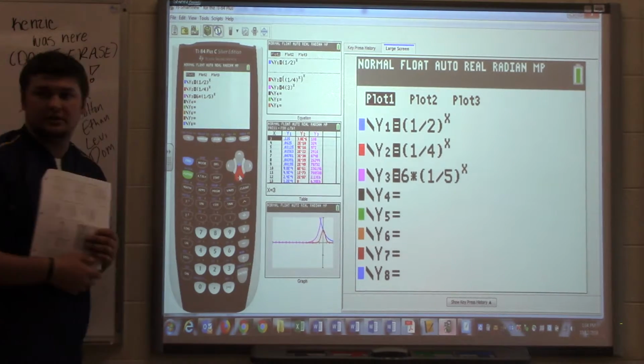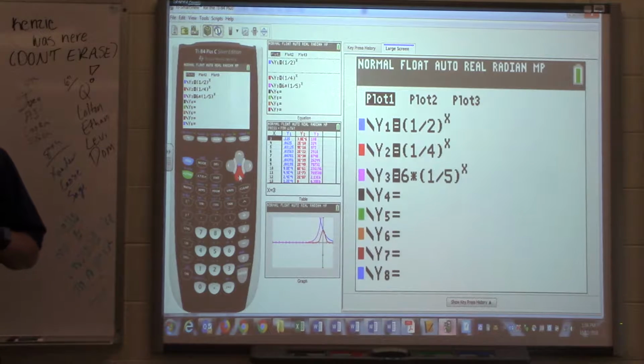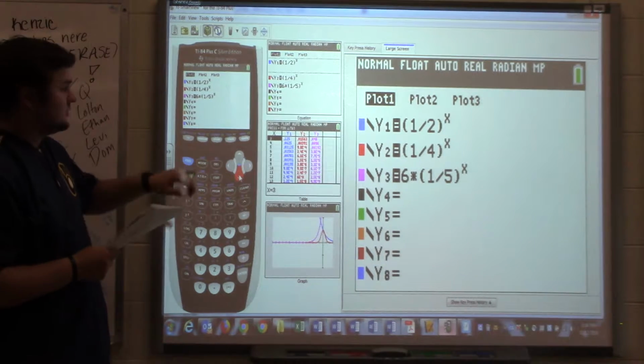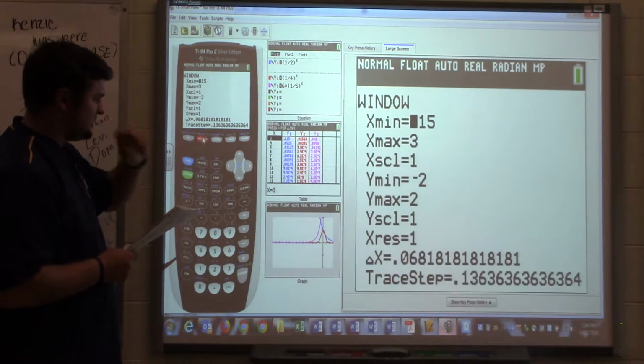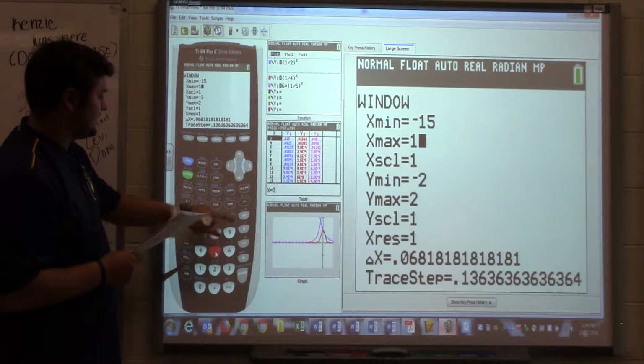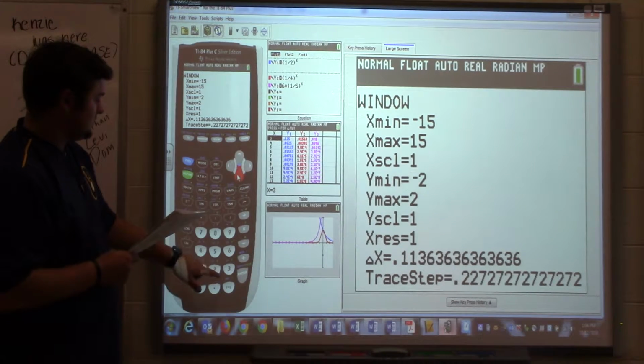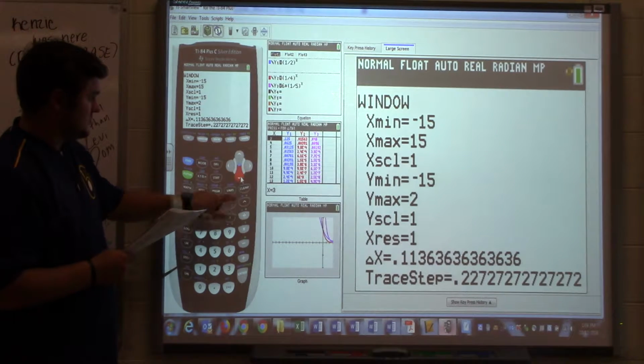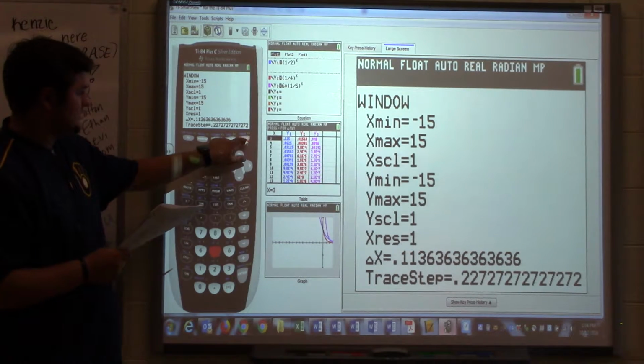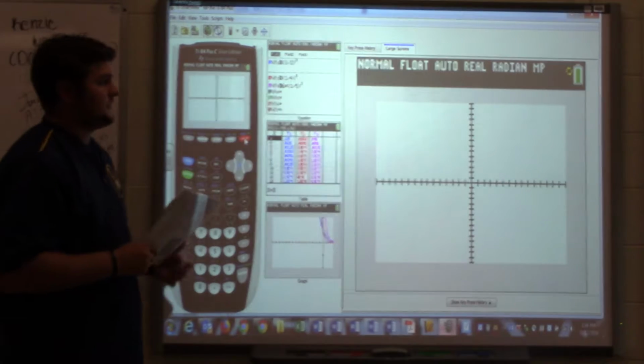Okay, we all got those 3? So I'm going to change my window again just to make sure you can see them. Let's just go 15. Alright. So now if I graph them.